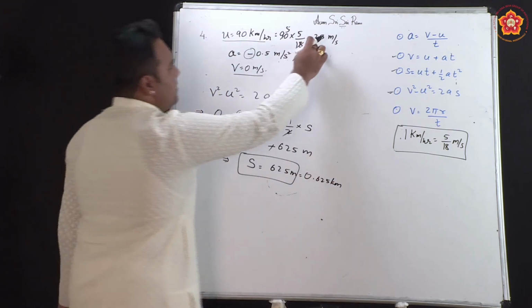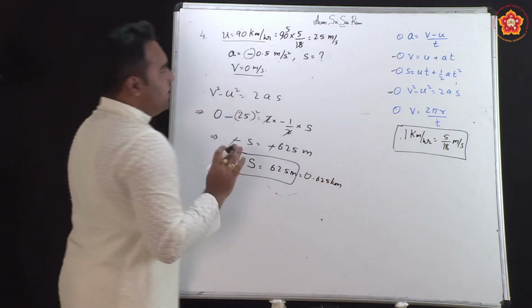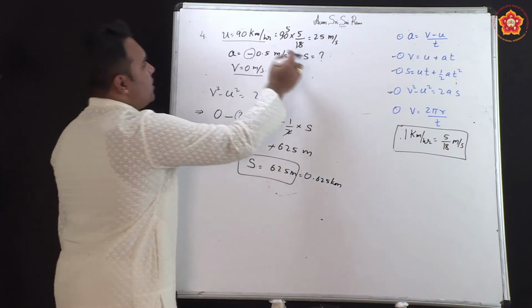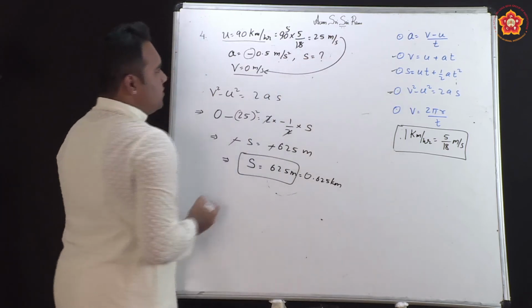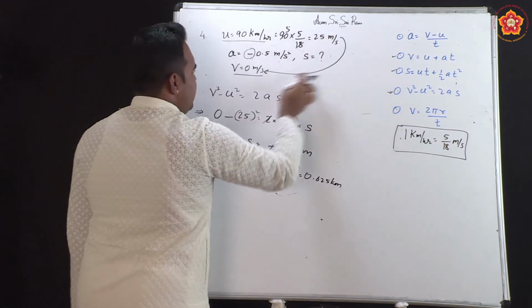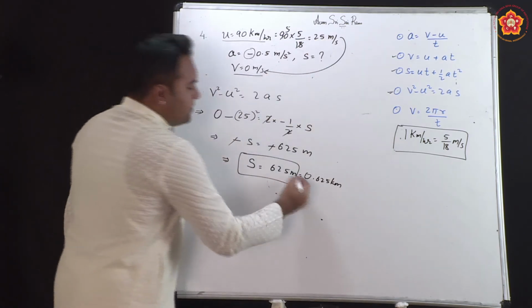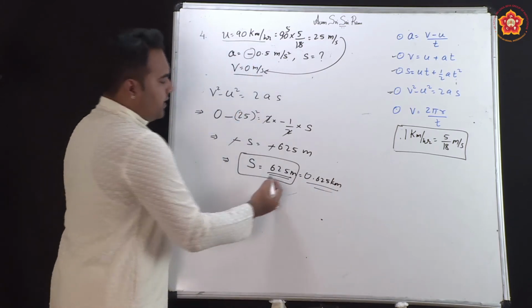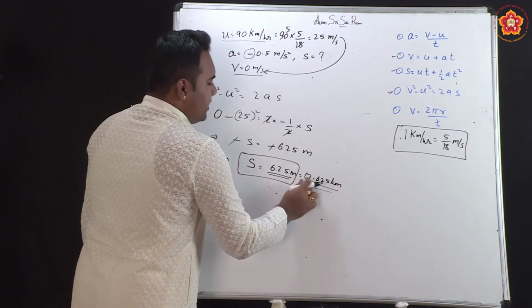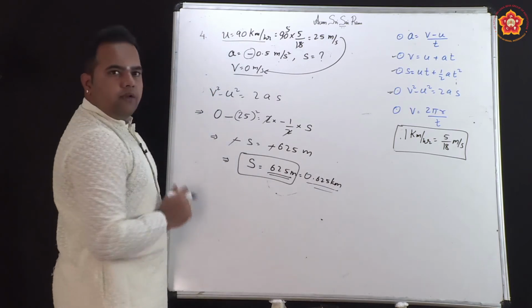So it is moving initially with this speed and this acceleration, brakes are applied. For the velocity to drop from 25 meters per second to 0, this much distance the object has travelled. You can write 625 meters or you can write it like this, both are fine.